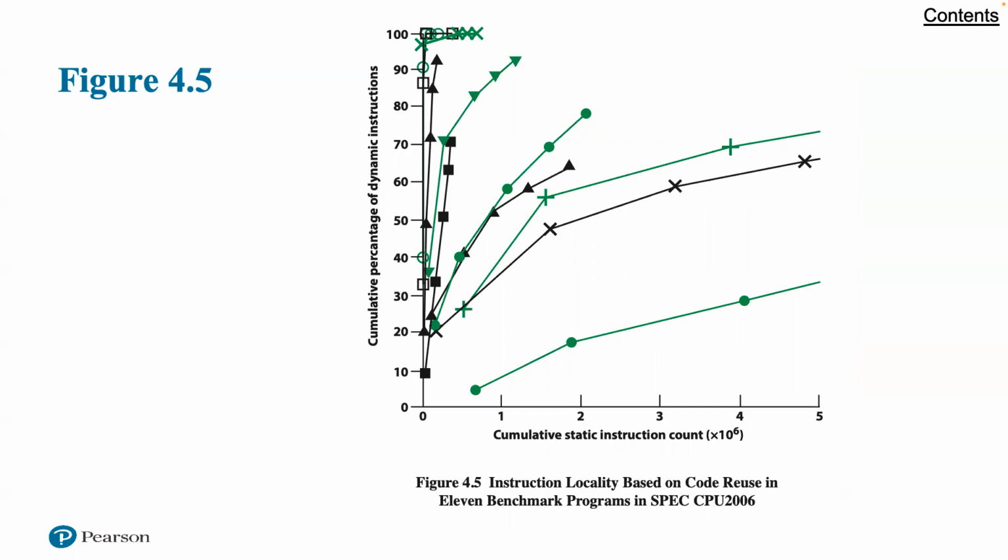This figure shows an example of instruction locality based on executing the integer benchmark programs in the SPEC CPU 2006 benchmark suite. And remember, we talked about this in chapter 2 when we were talking about benchmarking. Similar results were obtained for floating point programs.